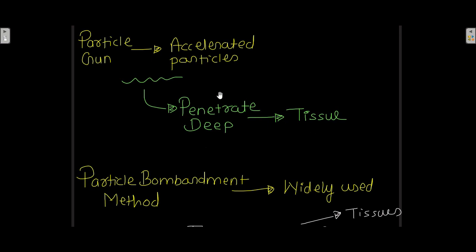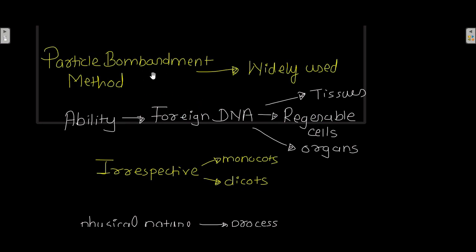This particle bombardment method is widely used because it has the ability to deliver the foreign DNA into regenerable cells, tissues or organs, irrespective of whether it is monocot or dicot. It does not depend on that, and that is the reason why it has wide applications.